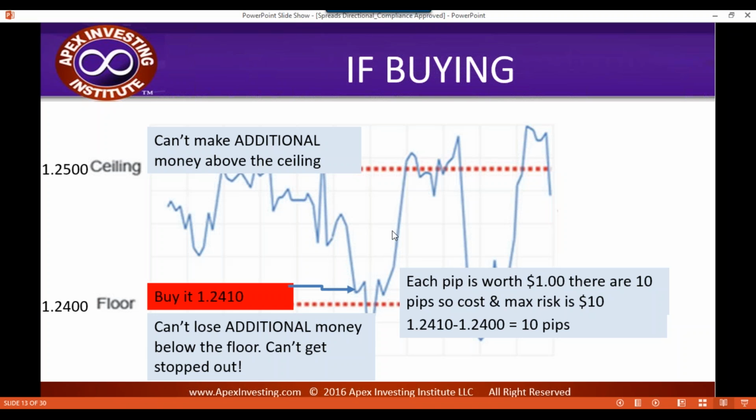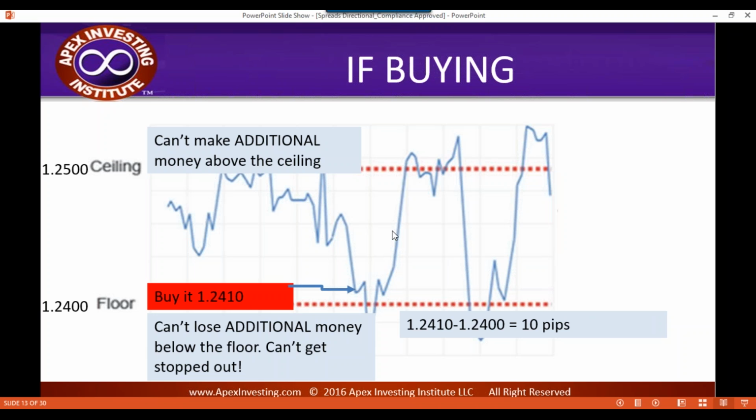Okay? So I'm going to back up real quick here. This is a real common question that I see. People say, okay, well, binaries I understand because it just tells me right there. I know it's either 0 or 100, and I can buy it for 30 or I can buy it for 60. And if I buy it for 60, I've got to put up 60 bucks. That makes sense. I get it. But I don't understand how spreads work. How much money do I have to put up?